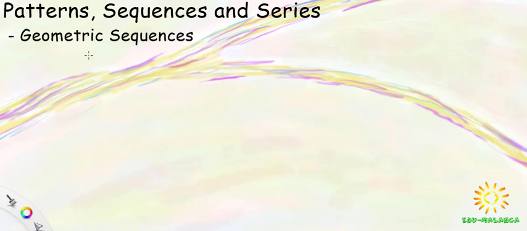Let's begin then with the derivation of our own geometric sequence using the variables that are important in the topic. If we recall from the last tutorial video we did under topic 1, patterns, sequences and series, we described how every sequence will always have a starting term, and we said that the first term of your sequence, which is known as term 1, denoted by the abbreviation T1, is very important because it tells you where your sequence starts.